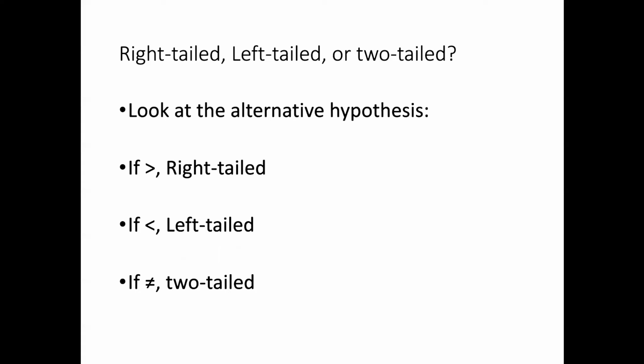So you're going to be looking for the probability that X is greater than a particular value. If the alternative hypothesis contains the mathematical symbol less than, that is a left-tailed test. So you're going to be conducting a test and looking for a probability from negative infinity to whatever your test value is. And then if your alternative is not equal to, that is a two-tailed test.